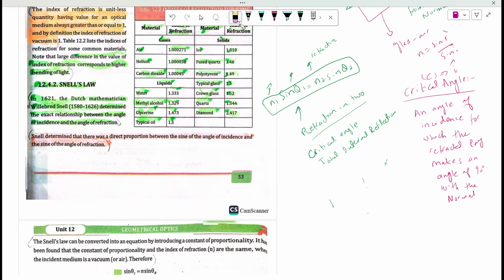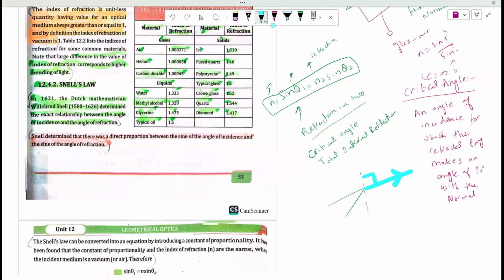Normally क्या होता है कि ray incident होगा and according to the law वो away from normal चला जाएगा. But there is a certain angle of incidence when, at that angle, the ray hits the surface and the refracted ray makes an angle of 90.